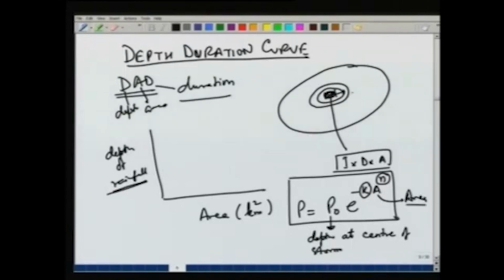So, as we move away from the center or the eye of the storm, the intensity decreases. Depth of course, will increase as we increase the area, but the rate at which it will increase will become slower. P 0 is taken at the center of the storm. Suppose we have a rain gauge here, then it is very unlikely that the eye of the storm will be exactly on the rain gauge. So, the rain gauge value generally is not taken as P naught.